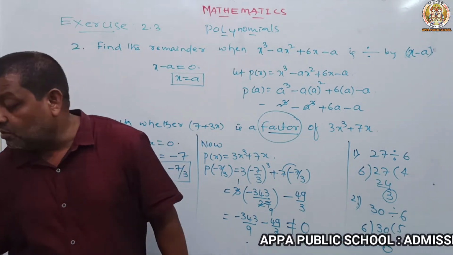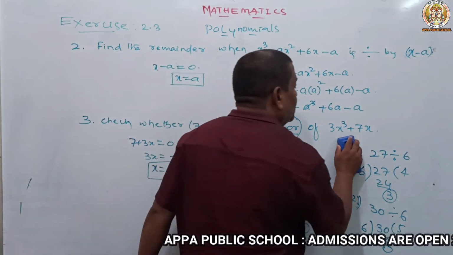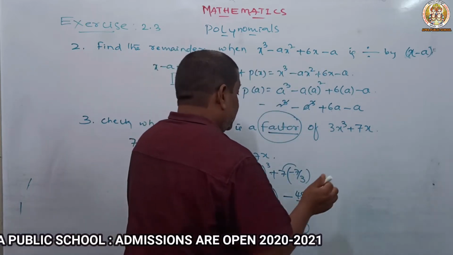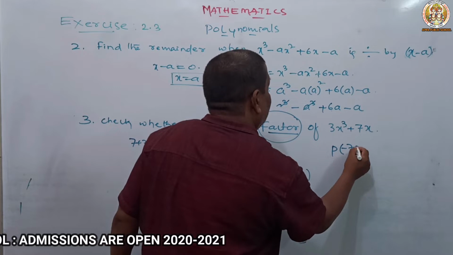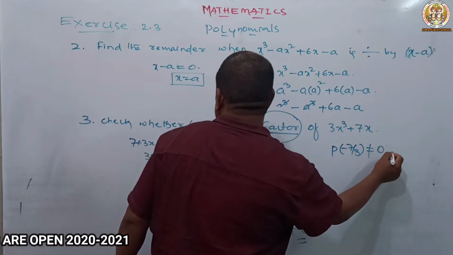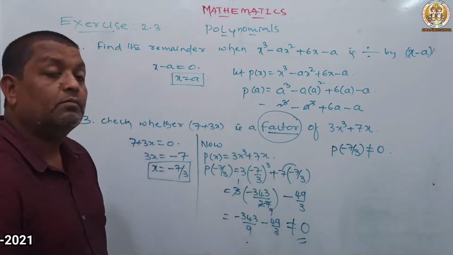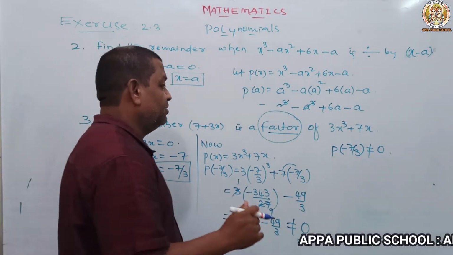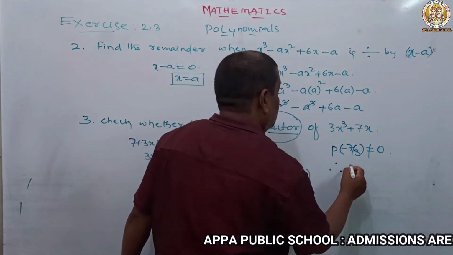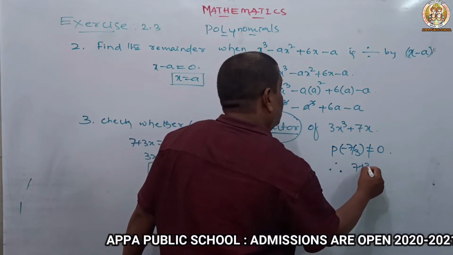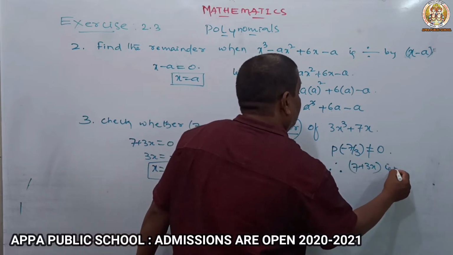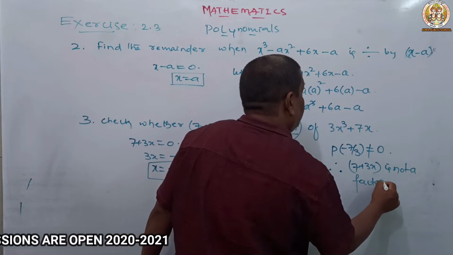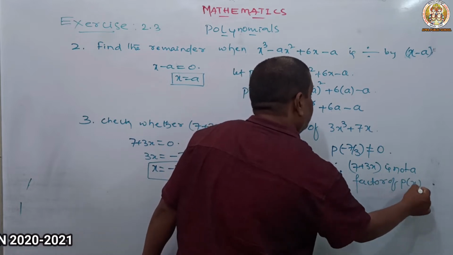So when the remainder is not equal to 0, it means P of minus 7 by 3 is not equal to 0. It means remainder not equal to 0. Therefore 7 plus 3x is not a factor of P of x.